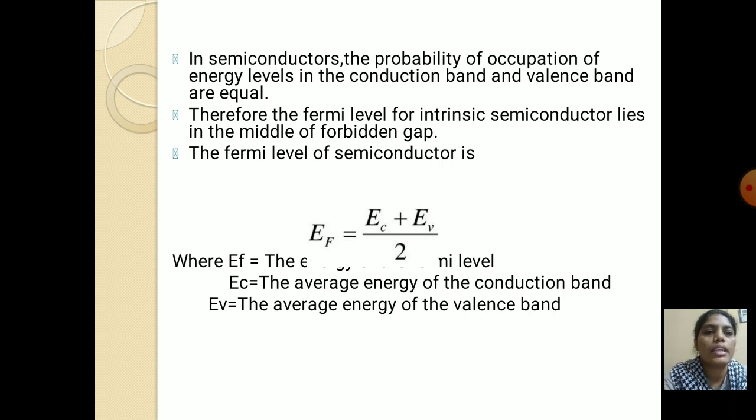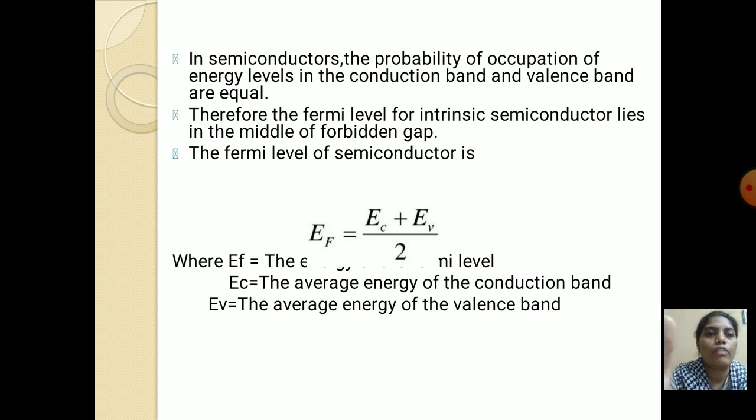In semiconductors, the probability of occupation of energy levels in the conduction band and valence band are equal. Therefore, the Fermi level for an intrinsic semiconductor, which is a pure semiconductor, lies exactly in the middle of the forbidden gap.